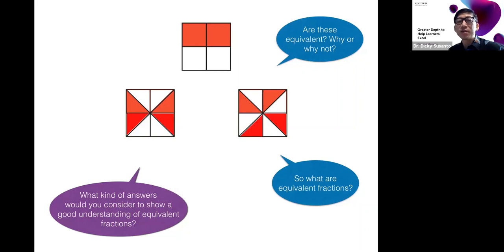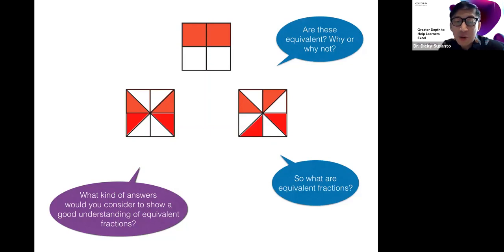Let's say a student says, they are equal because they look the same. Well, probably that's not a very good answer. Then you want to pursue further. What do you mean by looking the same? Can you explain more? What kind of answers would you use as evidence that the students have really understood the idea of equivalent fractions, despite it being a different shape?